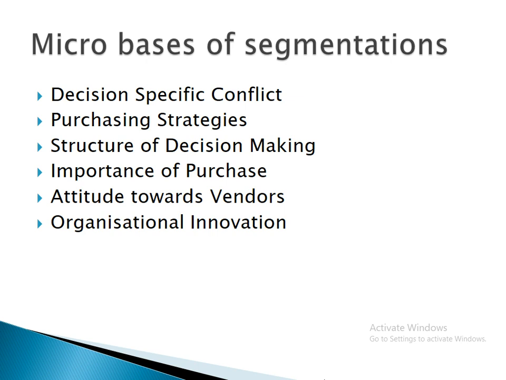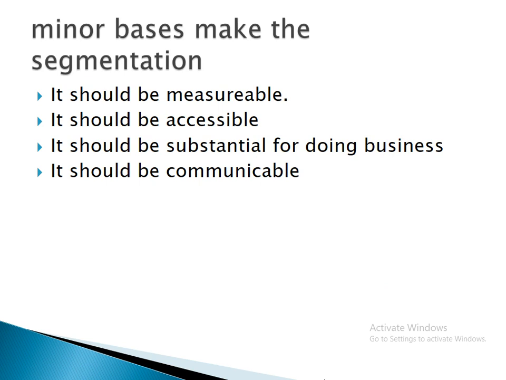One finds the segmentation variables are different in industrial markets than in consumer markets. The criteria for the segments being considered are that they should be measurable, accessible, substantial enough for doing business, and communicable.